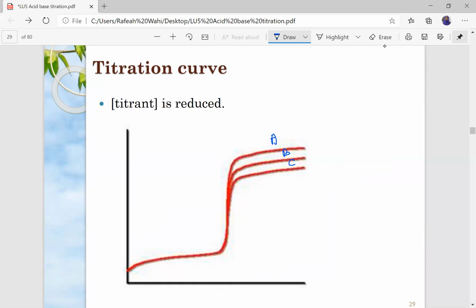Of course, that would be A. It has the highest concentration of titrant because you see that there is a more distinct jump in pH during the titration process. Okay.